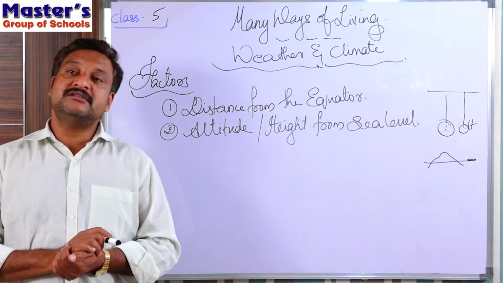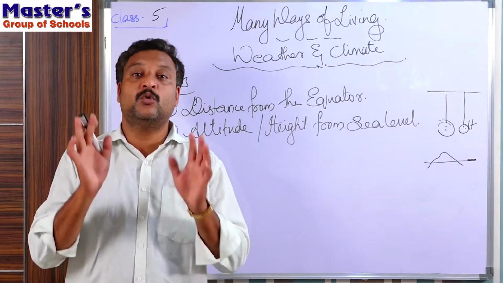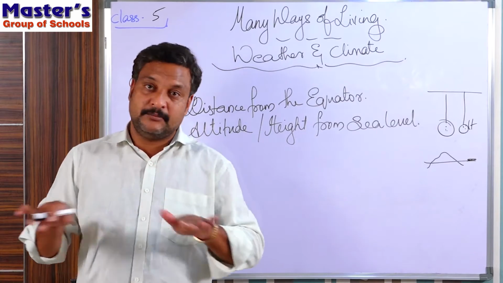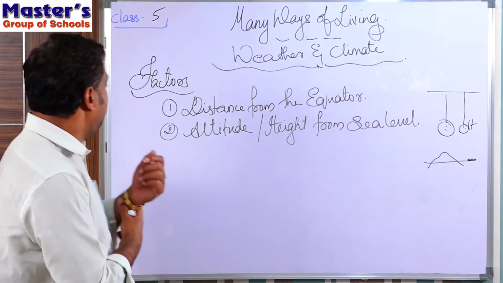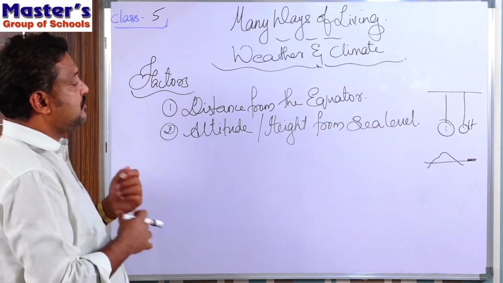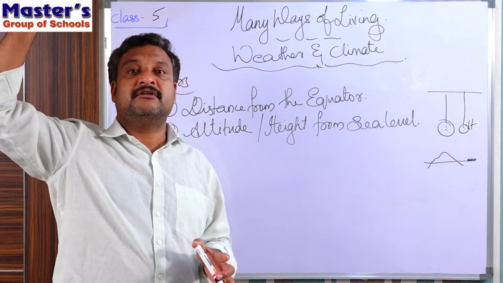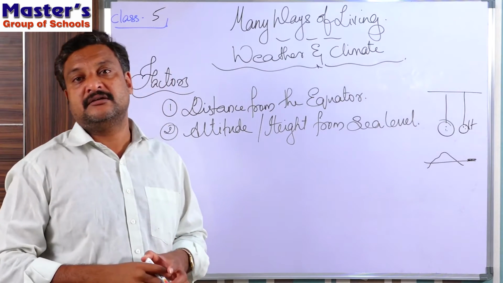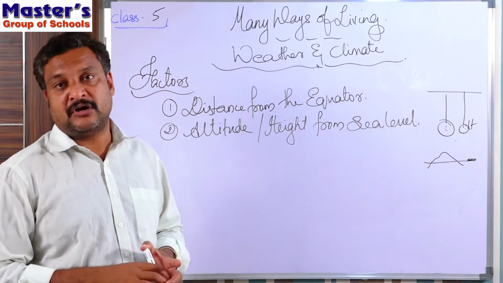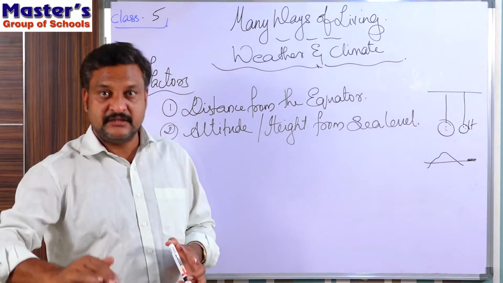So hills and the areas around them always have a cooler climate than the plain regions. That is the second factor, altitude, or the height from the sea level. As we go high in altitude, the temperature decreases.